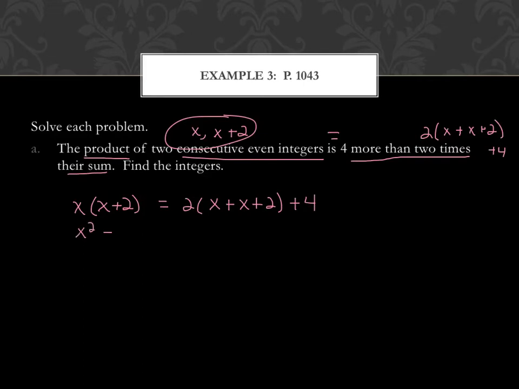So x squared plus 2x equals 2 times 2x plus 2, plus 4. Distributing the 2 would give me 4x plus 4 plus 4. Remember, bring that down.